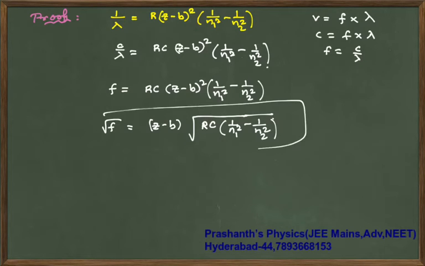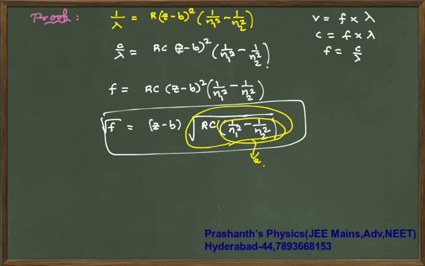Now this term, if you correspond it to A, not only part but the complete term. So this entire term, if you assume it to be A, then root of nu is equal to A times (Z minus B).